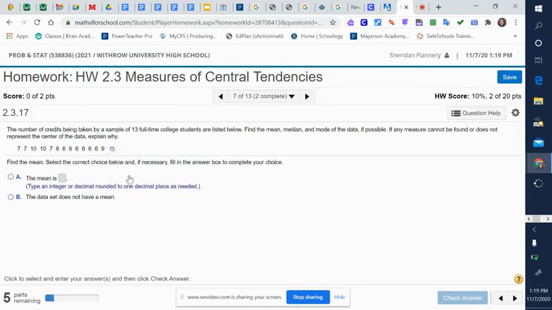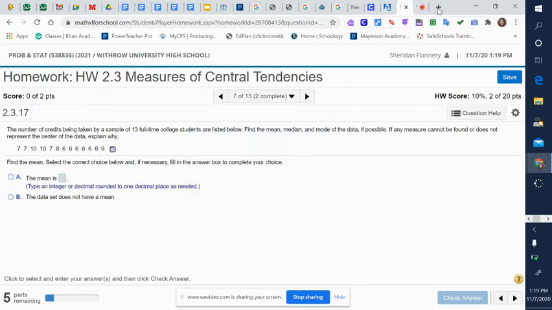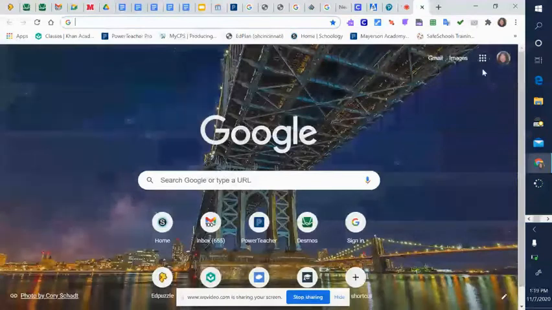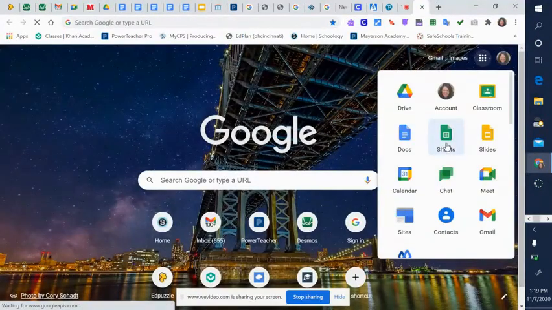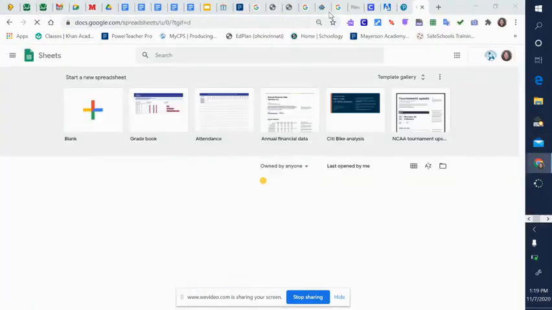I'm going to use a spreadsheet. Why? Because I like them. So I'm going to open up a new spreadsheet, new tab, then hit spreadsheet there.